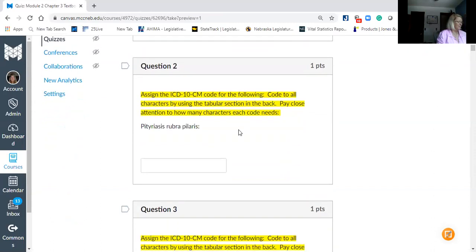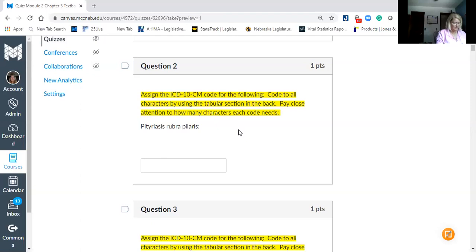All right, the next one, back to the alpha section. Pityriasis rubra pilaris. I'm going to go with the first word on that one, and from there we're going to go down to pityriasis.